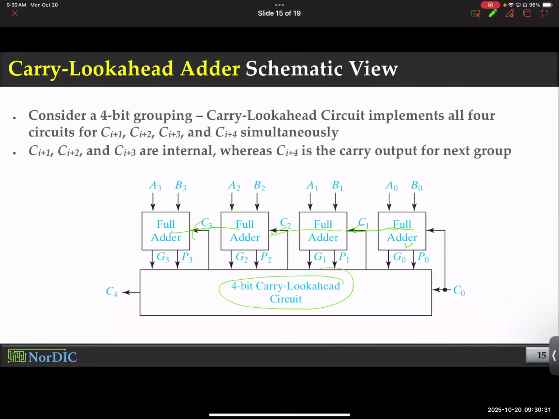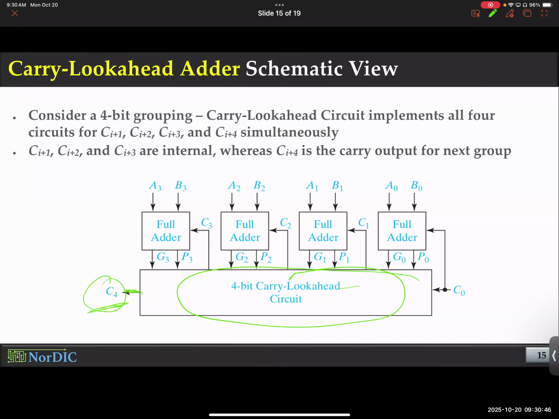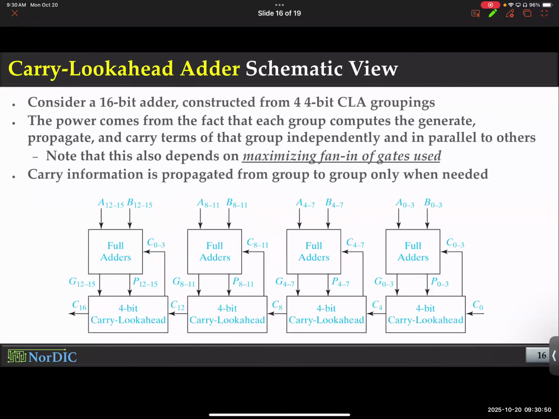Based on that argument, notice this is a 4-bit block where you have a carry look ahead circuit, and you generate the fourth carry, C4. Now when you try to incorporate, say, a 16-bit adder, how do you do it?